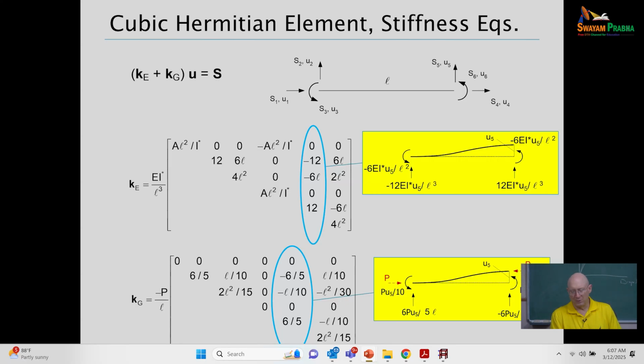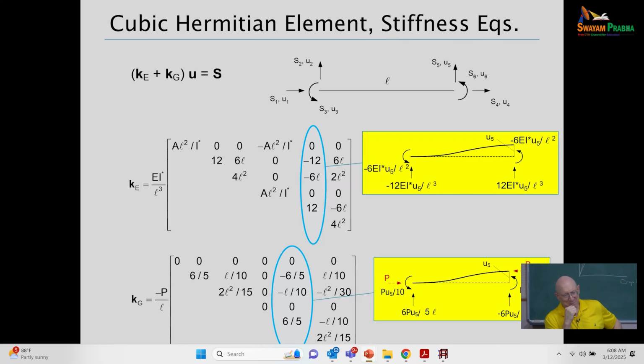In yellow, I'm showing, you could say, a free body diagram of the forces that we're getting for a displacement U5. So if you take a minute to look at that as a free body diagram, that's kind of what it is. And you can consider the red dashed P arrow if you wish, or not.